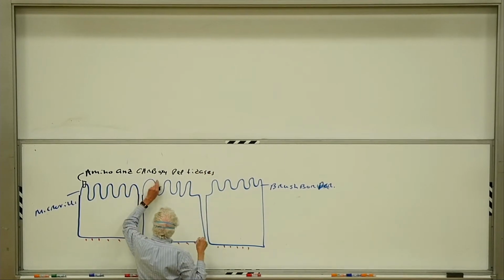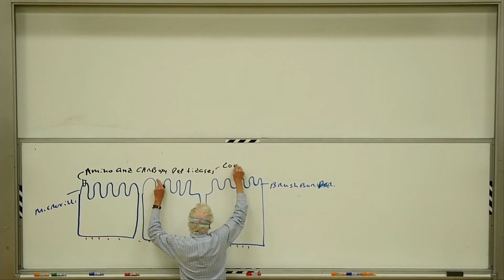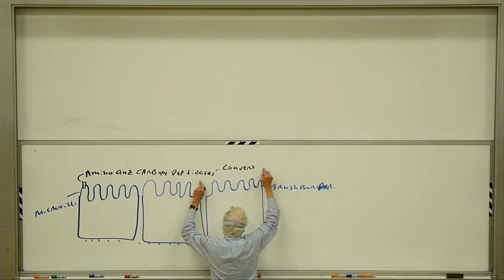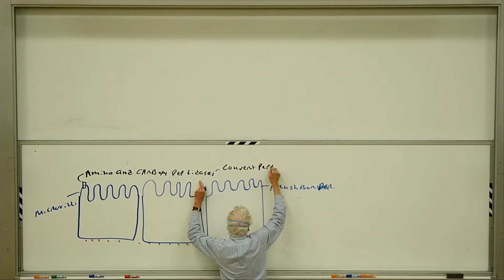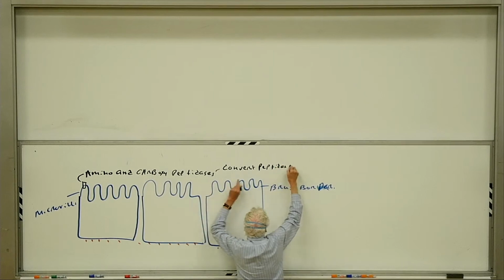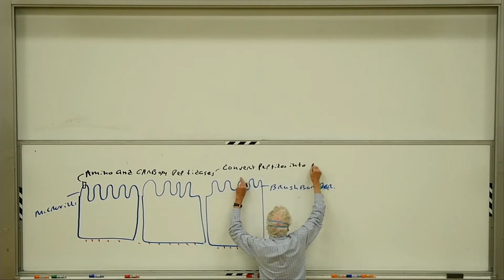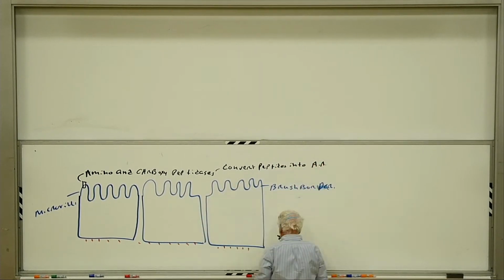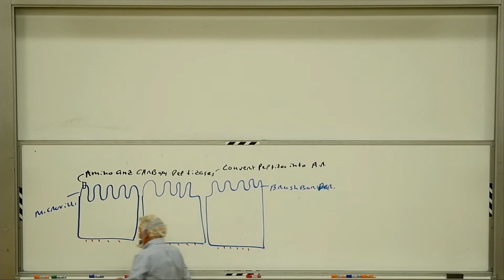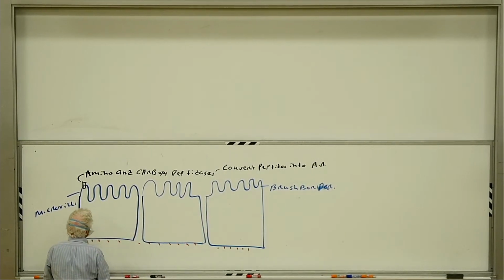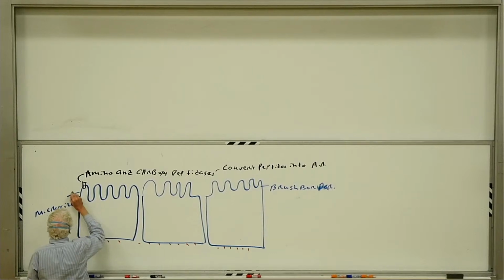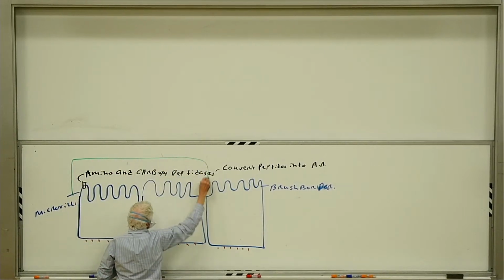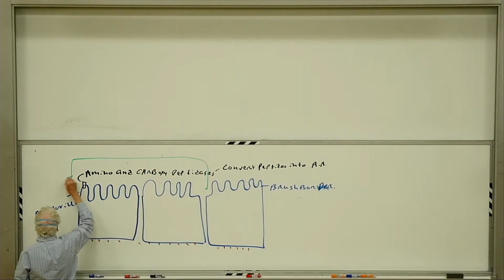The amino and carboxy peptidases convert peptides into individual amino acids. I'll remind you that out here, there's this unstirred layer. So this is the unstirred layer.